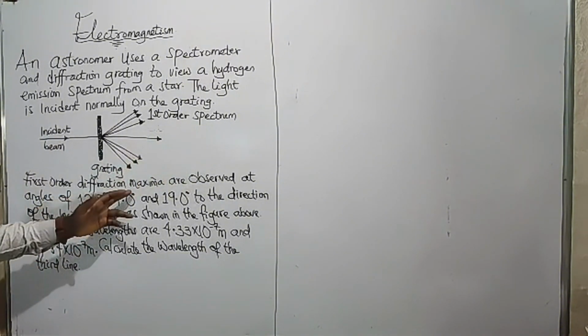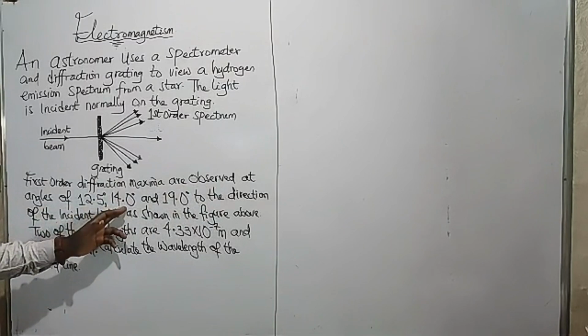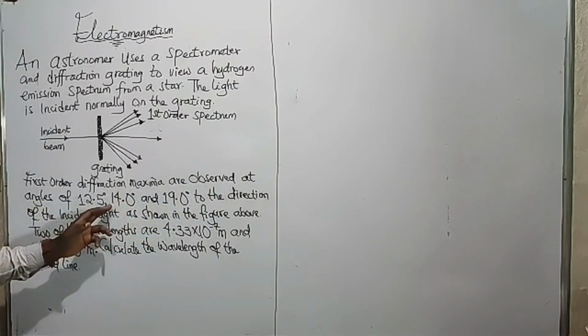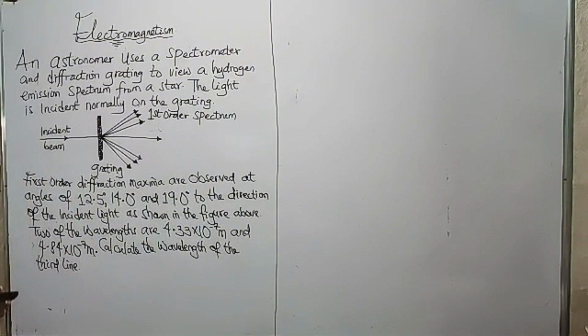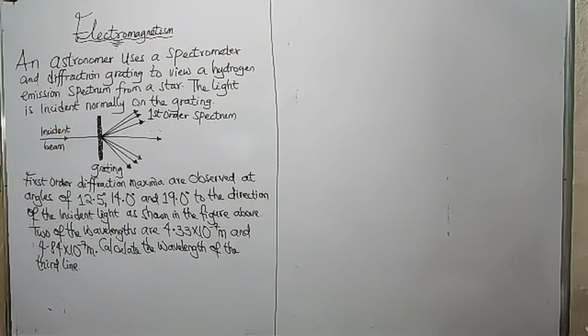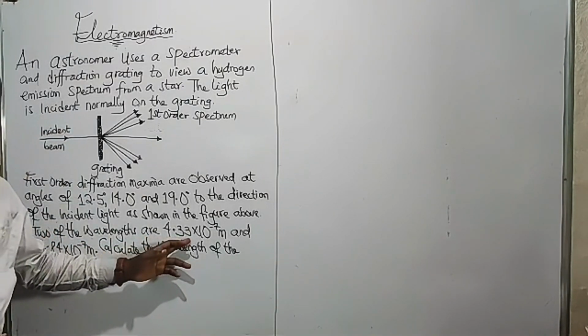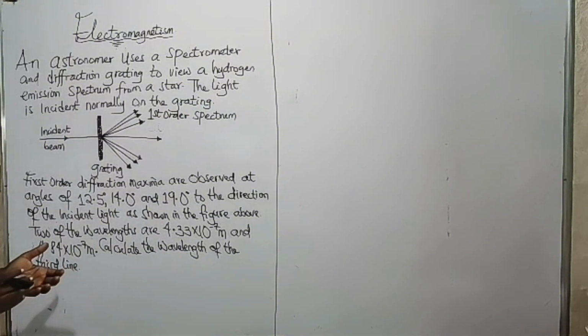First order diffraction maxima are observed at angles of 12.5, 14, and 19.0 degrees to the direction of the incident light as shown in the figure above. Two of the wavelengths are 4.33 multiplied by 10 raised to the power of minus 7 meters, and 4.84 multiplied by 10 raised to the power of minus 7 meters.